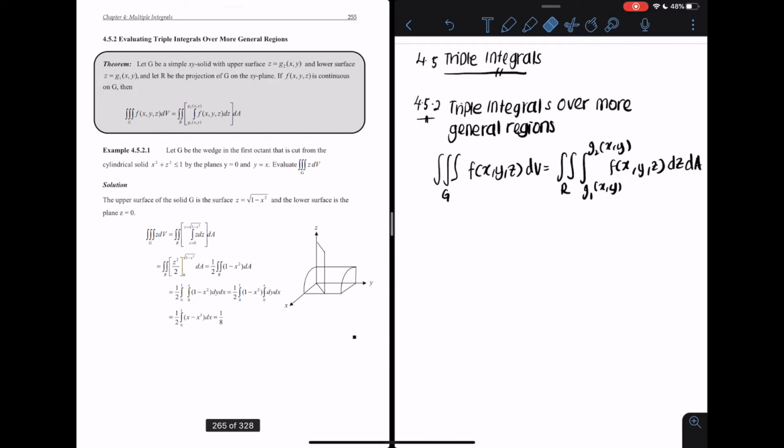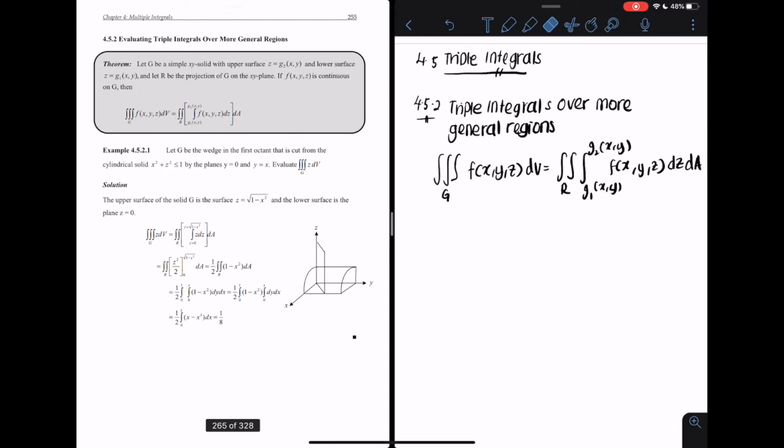But this time, when we discuss triple integrals, we are going to sketch solid G in a three-dimensional coordinate system. So this is the difference between double integral and triple integral.